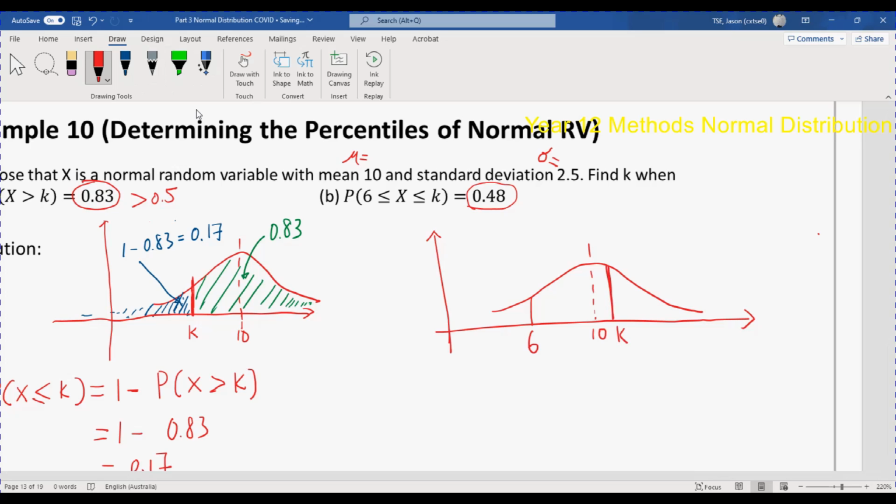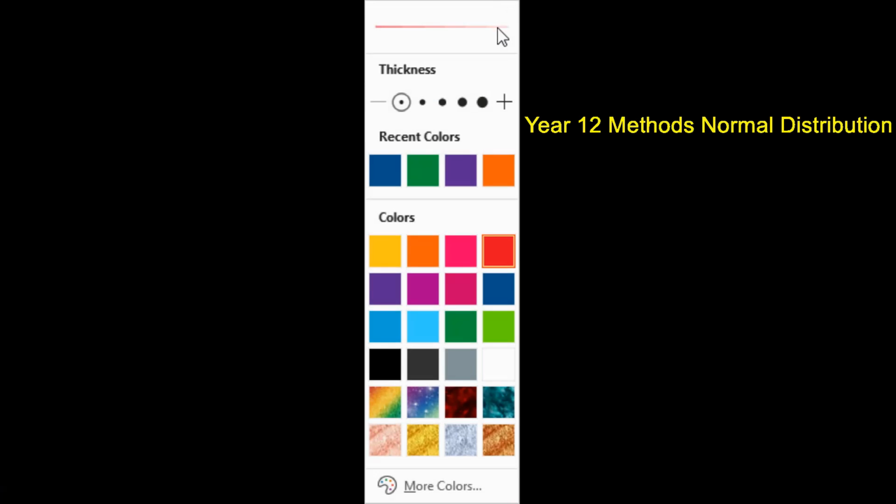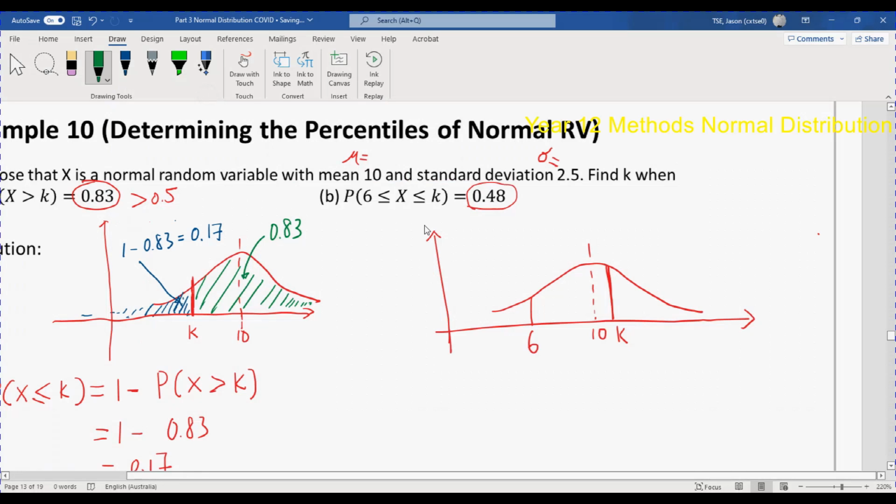Okay. Then what you're going to find out is the area here, which is 0.484. But the problem is we need to find k, right? We need to find k, but given the area is 0.48. Can we use inverse normal from this step?